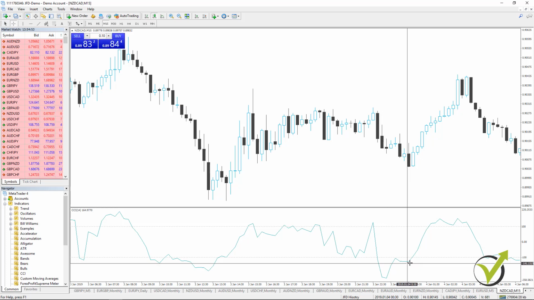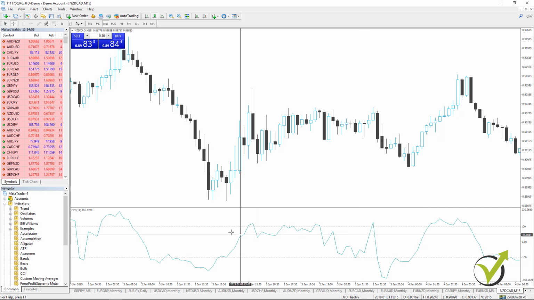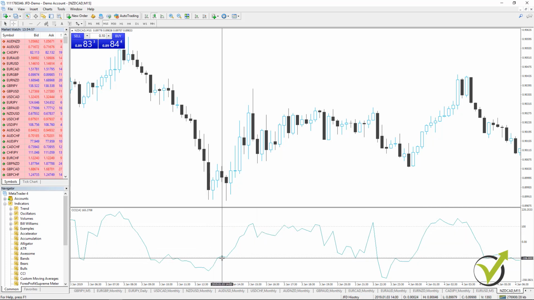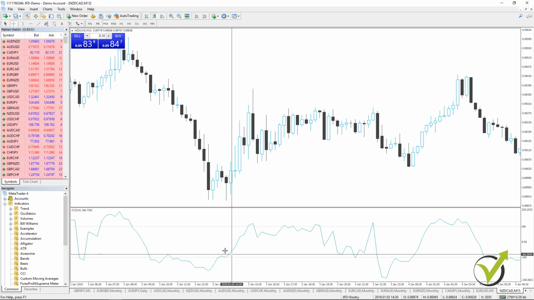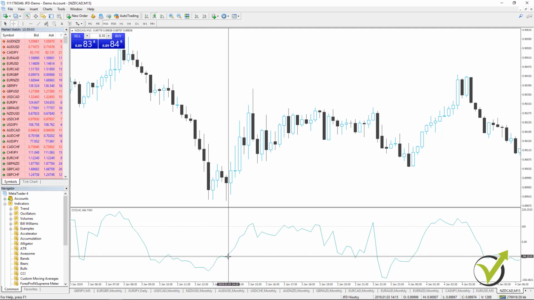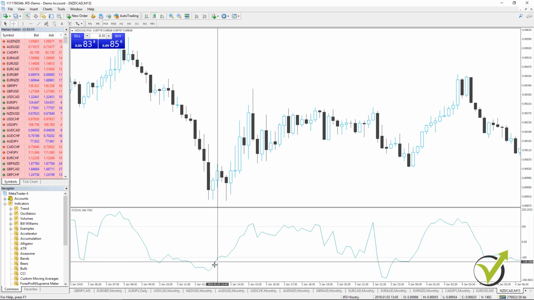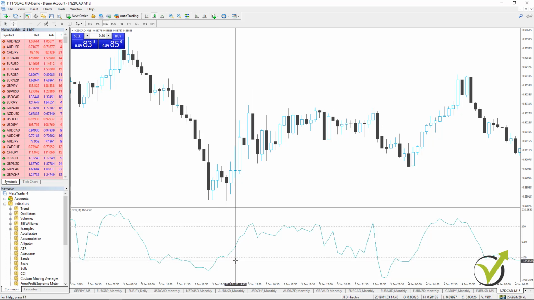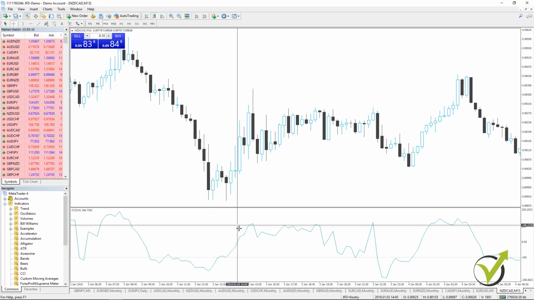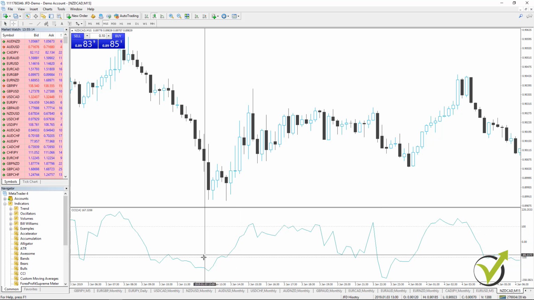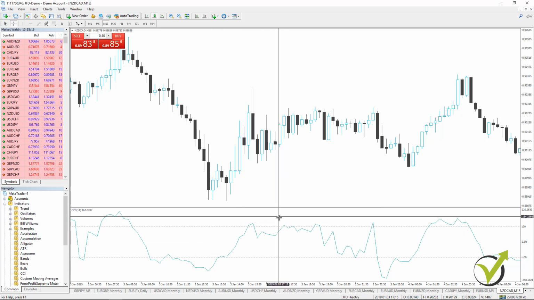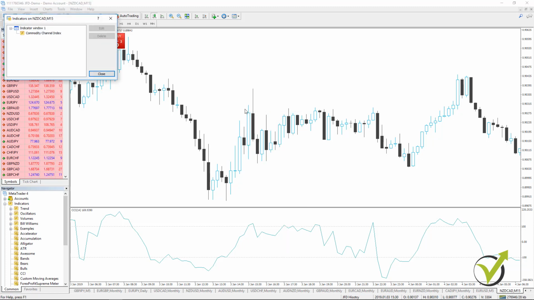So we might expect change at any moment, and when we combine the divergence with the overbought and oversold, we have better signals, as in this case you see this divergence situation is outside the negative 100 and 100 range. Okay, so in the oversold or in the overbought areas we have much stronger signals. Alright, so this is the CCI indicator.